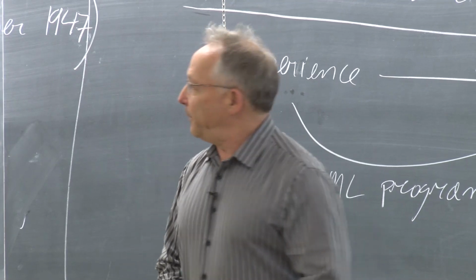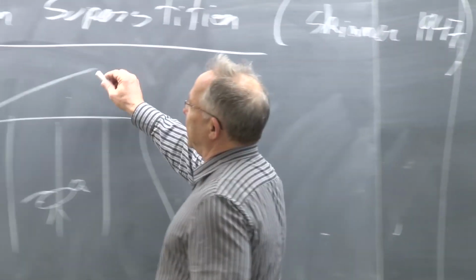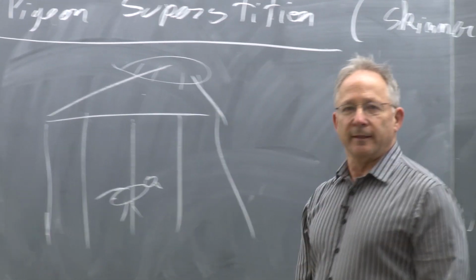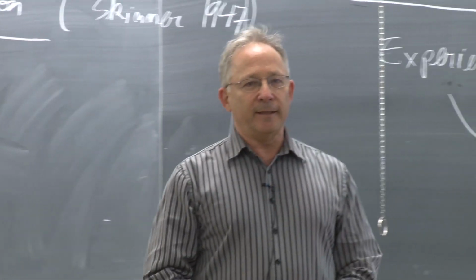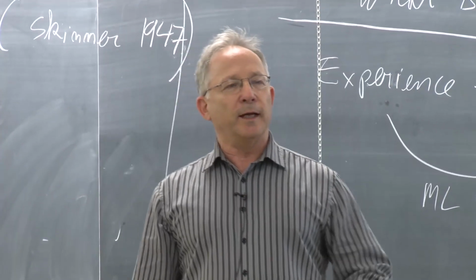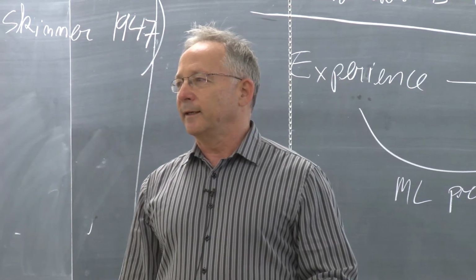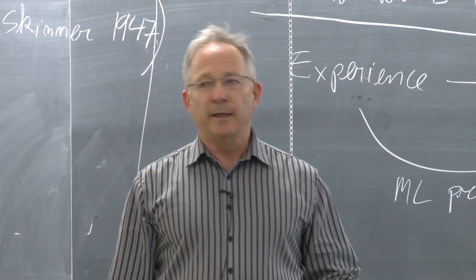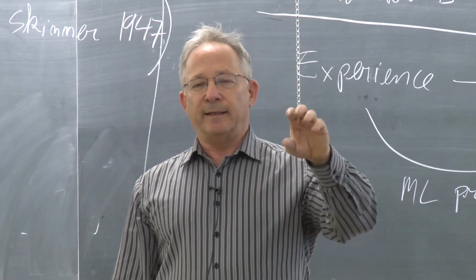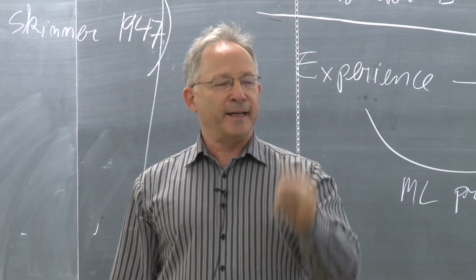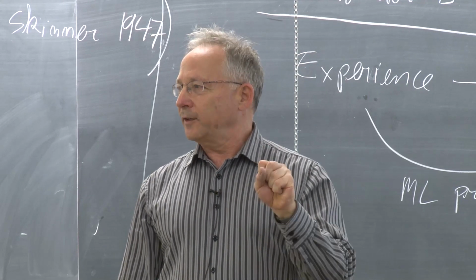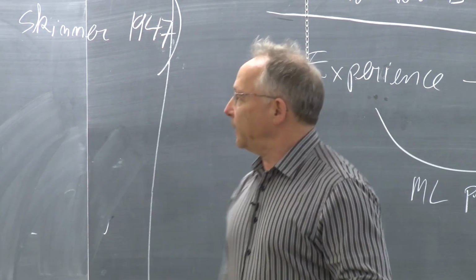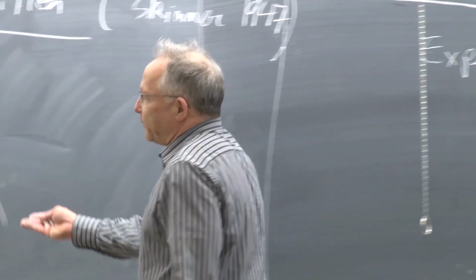And above this cage, there was some kind of a mechanism that can spray grains. And what Skinner did is just at regular or random intervals, without any relationship to what the birds are doing, it will just suddenly have a rain of a short distribution of food. Now, what is happening? So the very simple experiment.